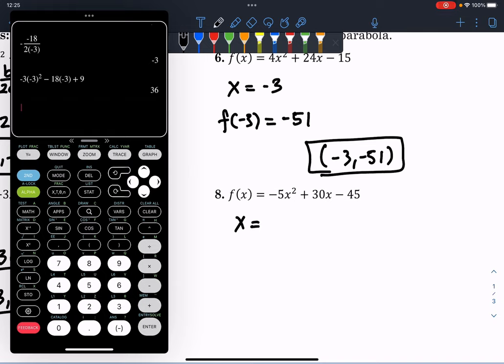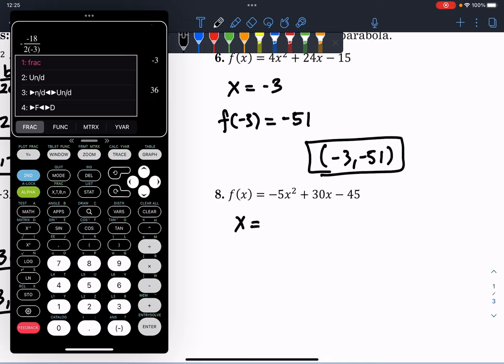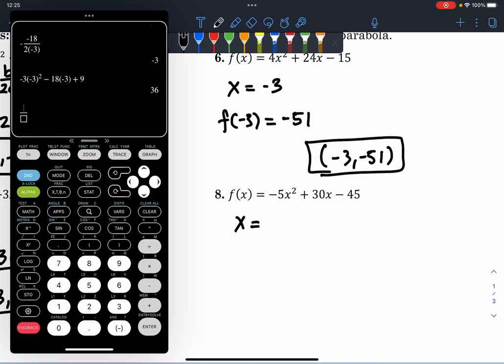And finally, the 8th example here, the last one of these. Oops, I forgot to put the negative sign in the front. We have a positive 30 divided by 2 times negative 3, which is, oh no, negative 5.